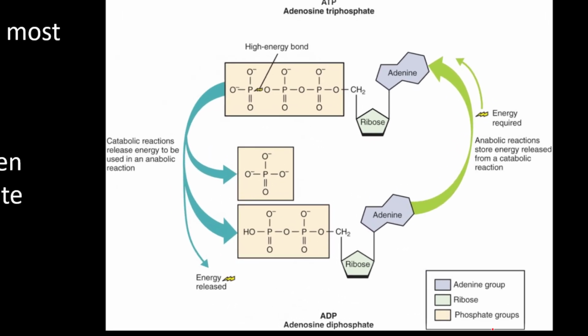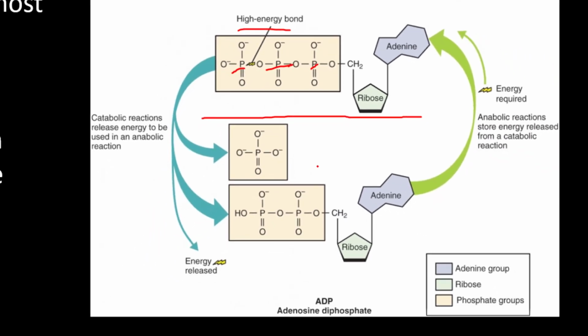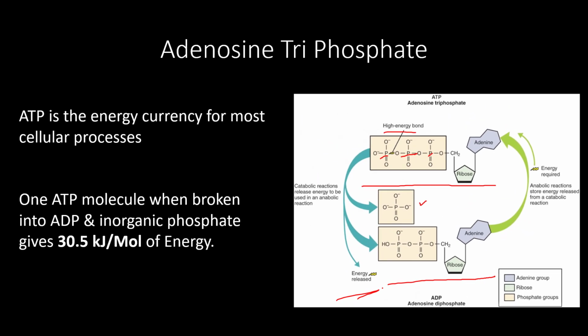Now you have seen this earlier, but again just to explain, this is the structure of adenosine triphosphate. You have an adenine molecule connected with 3 phosphates, and the bond between two phosphates is typically the high energy bond, and when we break one we get ADP along with the inorganic phosphate, and we also get the energy that is going to be used for all the endothermic processes that occur inside the cell, inside the body.